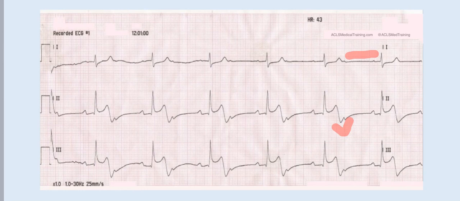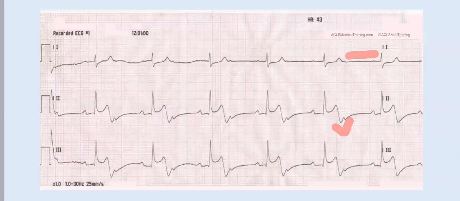Okay, so, brothers, the inferior wall MI has a peculiarity in the presentation and a peculiarity in the ECG. The peculiarity in the presentation is that sometimes it comes with abdominal symptoms. And the peculiarity in the ECG is that it comes with several forms of blocks. Why is that?